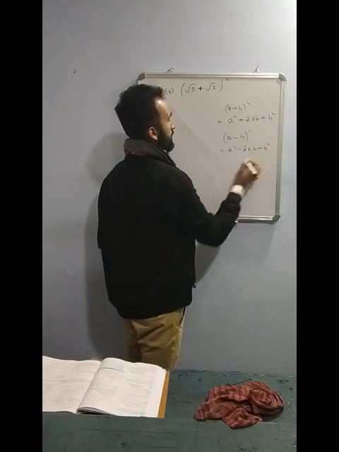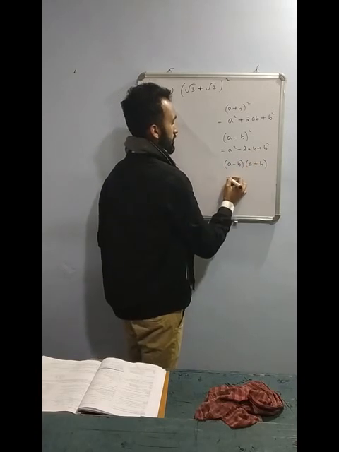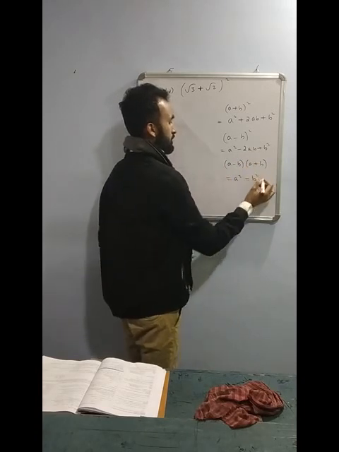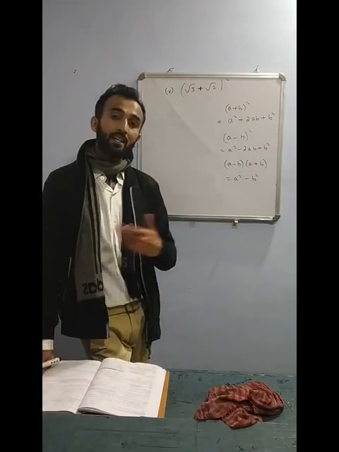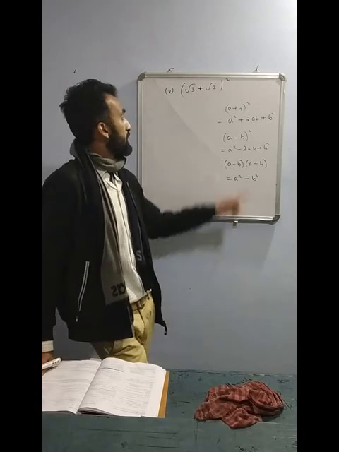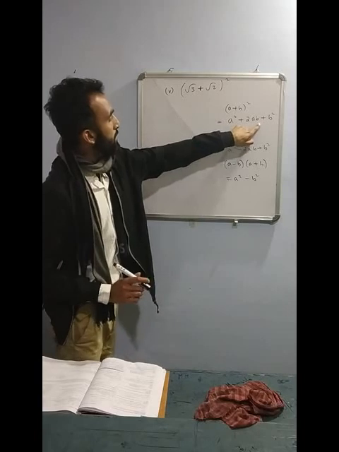You can note it down. And a minus b times a plus b is equal to a square minus b square. All these things you can note down, because in this chapter also we are going to use them again and again. So a plus b whole square is nothing but a square plus 2ab plus b square.